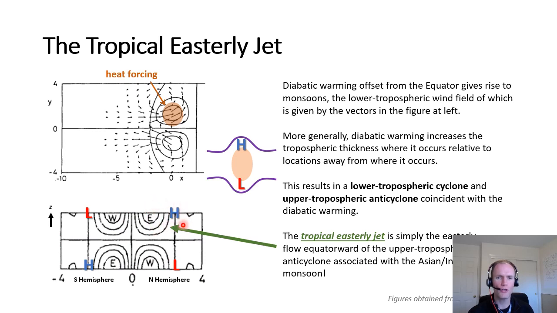And so equatorward of that, we would expect to see easterly flow. And that's what this E here is depicting, that easterly flow. And the tropical easterly jet is just that. It's that easterly flow on the equatorward side of the subtropical anticyclone that owes its existence to diabatic heating associated with the Asian monsoon circulation.